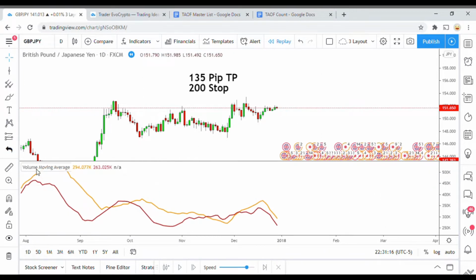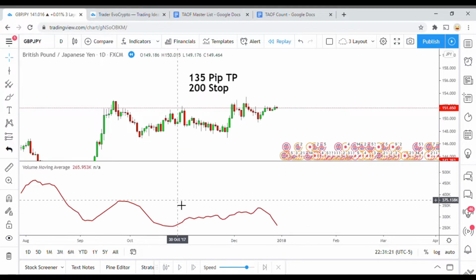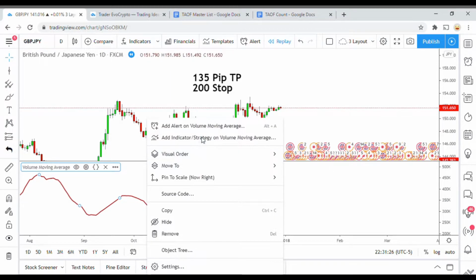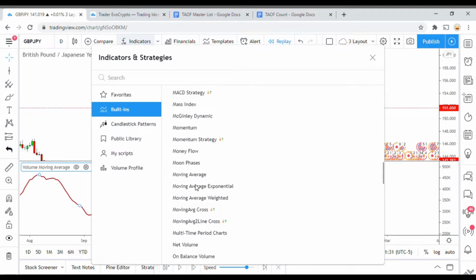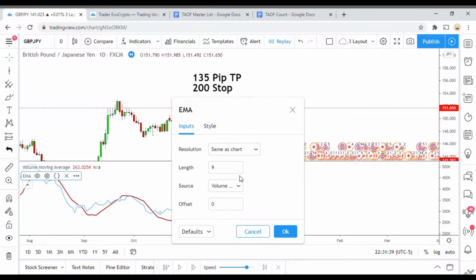Now, of course, we could go in and hypothetically take out one of these, and I imagine we could then go in and add an indicator like so, and we could go down and add exponential moving average, for example, and then we could change that to, I don't know, say a 30, or we could change it to 15, or a 20, whatever we wanted it to be.